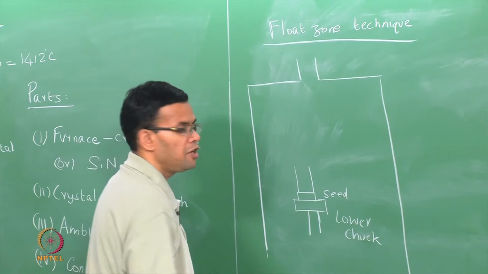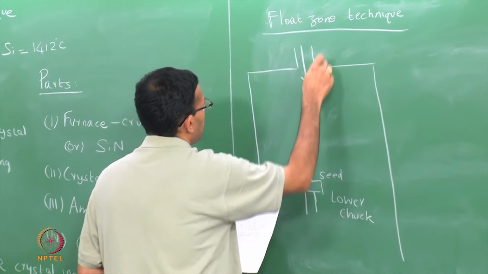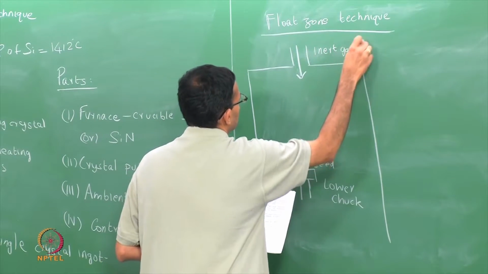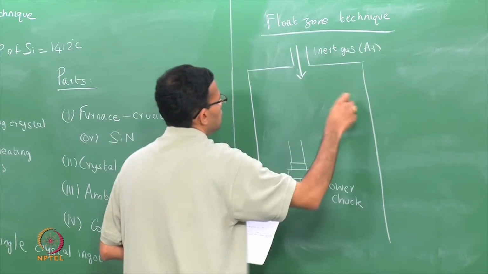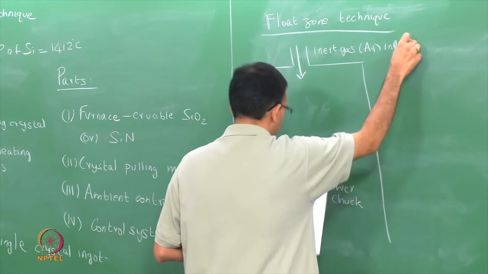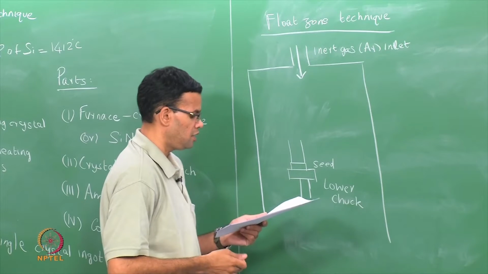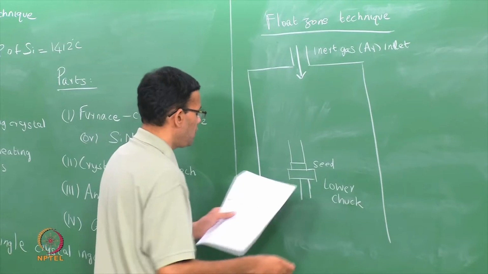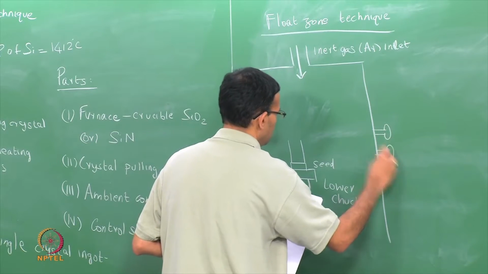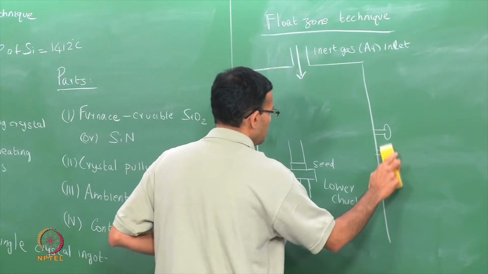And in order to reduce the oxygen inclusions, usually an inert gas is flown, for example argon. So, you have an argon inlet. In this particular case, instead of having a furnace that is fixed, you use RF coils to heat the sample. You just draw the coils slightly up.